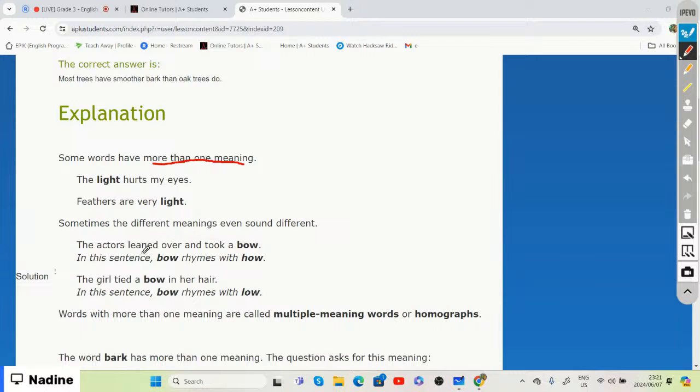And before we go to the ones that sound different, let's look at words that are spelled the same way and sound the same way, but the meanings are different, like light. The light hurts my eyes. So that can be the light when you switch on the light.